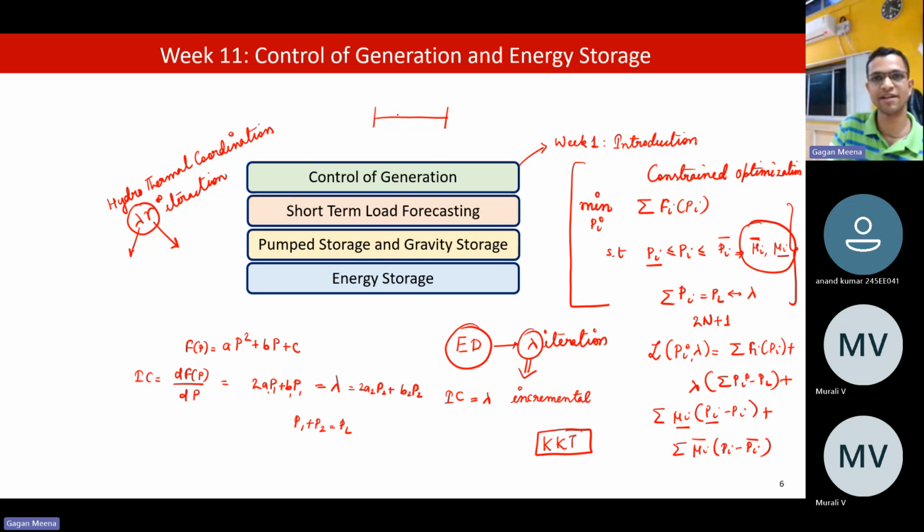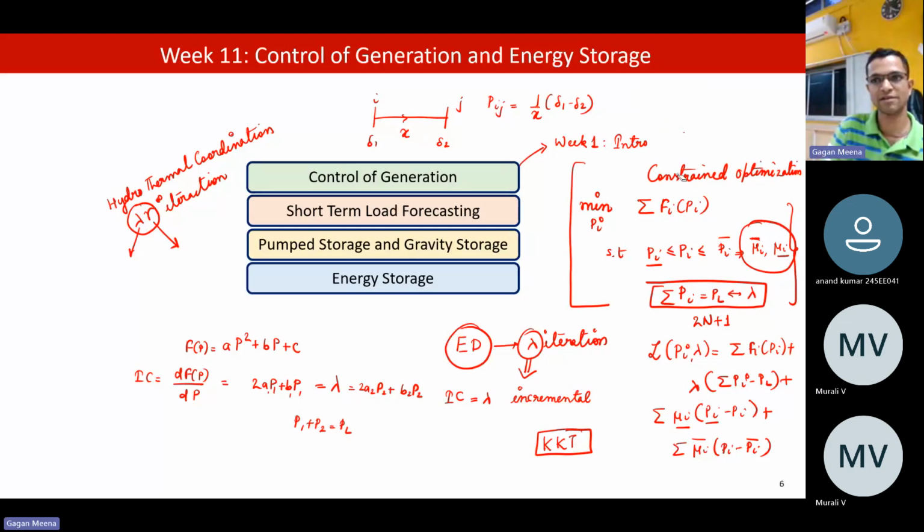Simply, if we take this line, it has some reactance X12, and the power flow on this line will be 1 by X times theta 1 minus theta 2. So this is captured by this. Now this same equality constraint we can write, where P is representing the summation of Pi minus PL.